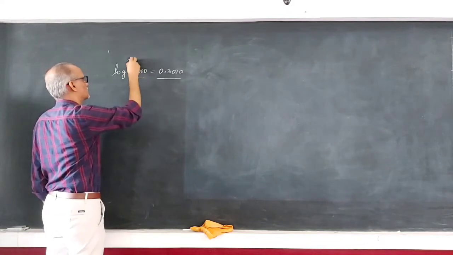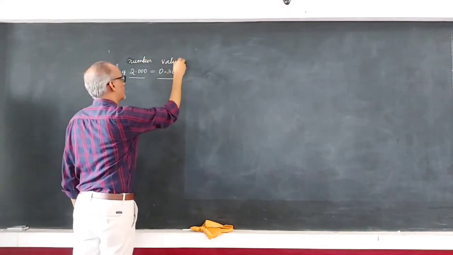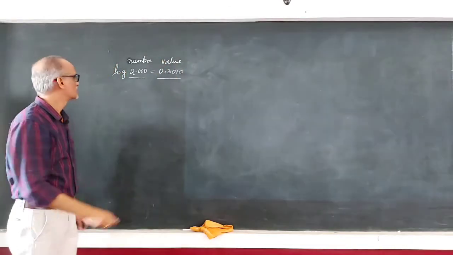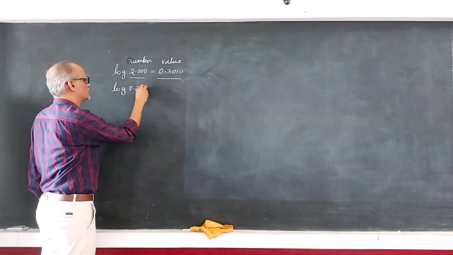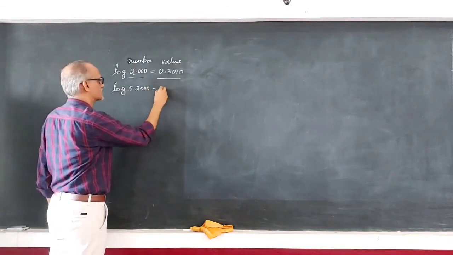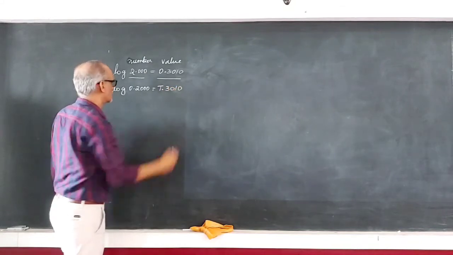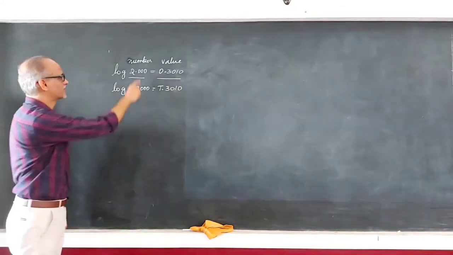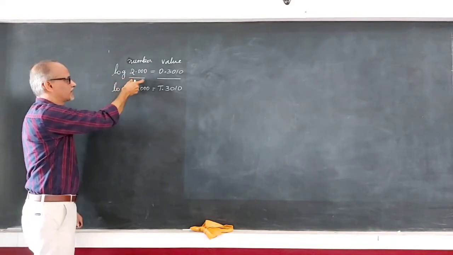So this is the number given, and this is the logarithmic value. Similarly, the log of 0.2000, we get it as bar 1.3010. So what is the difference here? This is a log of a number which is greater than 1.